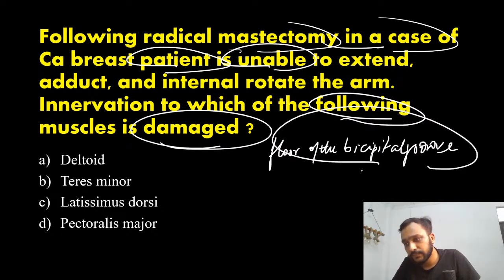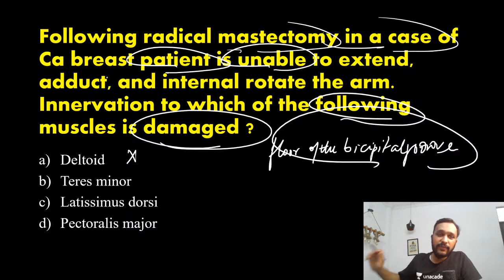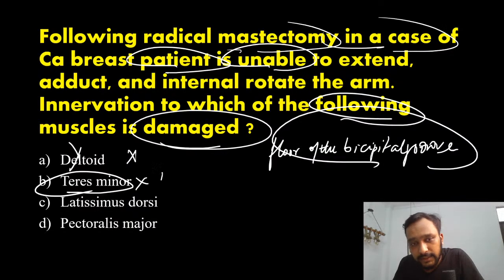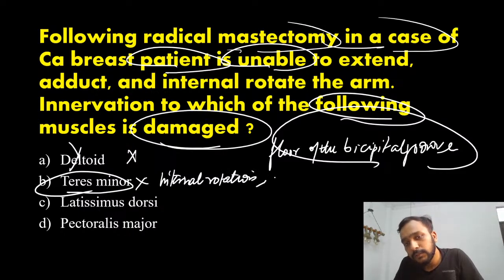No, it is not deltoid. Deltoid will only cause abduction of the arm, so this is a wrong answer. Teres minor will not cause internal rotation; it is responsible for external rotation of the arm.